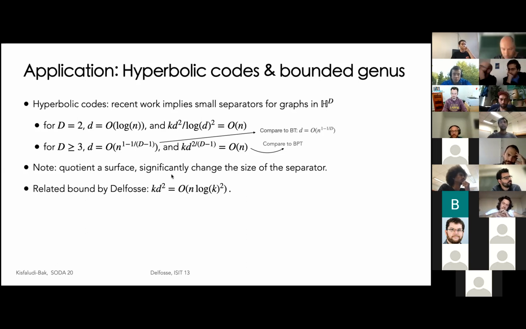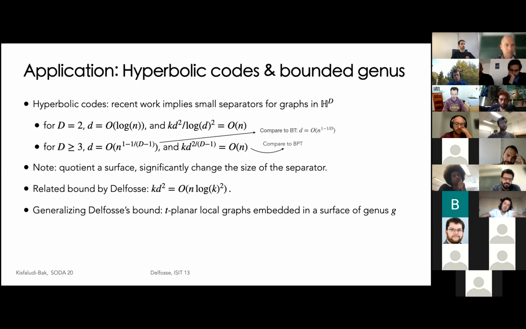And previously there was this bound for surface codes and related codes by Nicolas Delfosse. It looks kind of like the Bravyi-Poulin-Terhal bound, except that it's got this log K factor that it's modified by.